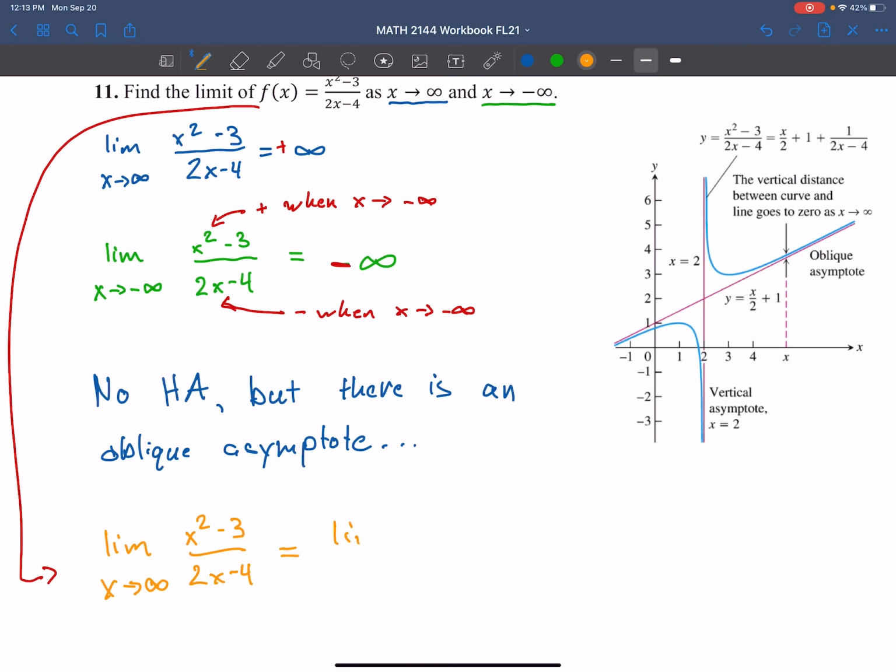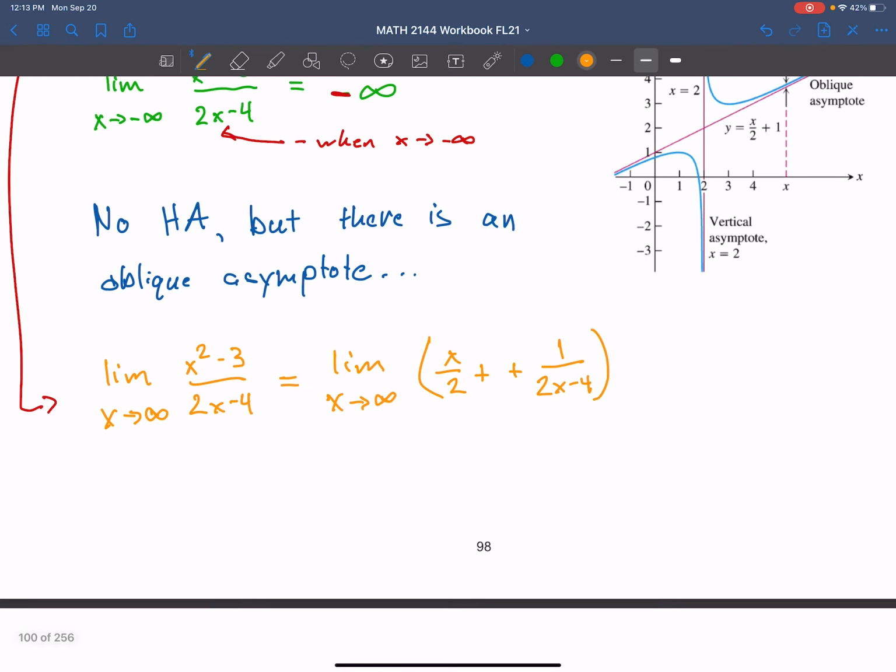This is equivalent, by dividing, to the limit as x approaches infinity of x over 2 plus 1 plus 1 over (2x minus 4). So again, you can simply divide. In this case, you'll need to do polynomial long division to figure that out.